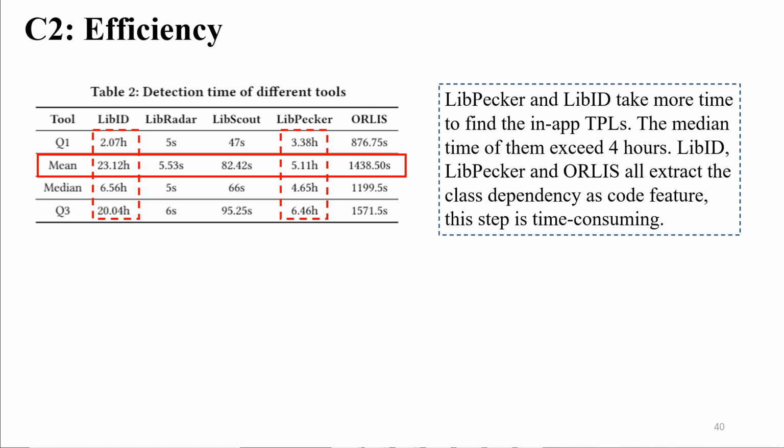As for the tools LibPecker and LibID, we can say they take more time to find in-app TPLs. That is because LibID, LibPecker and Aurelians all choose class dependency as a code feature, and extracting these code features is usually time-consuming.